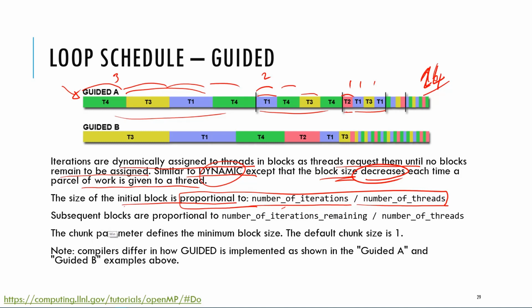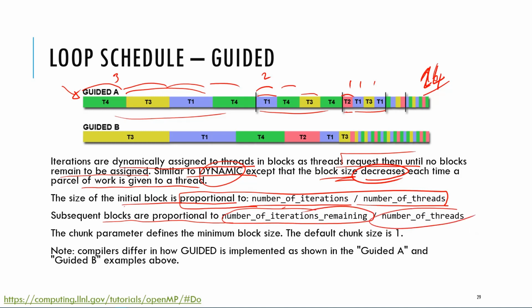What about subsequent blocks? As soon as a certain thread finishes, it requests to be assigned a new block, and in this case, subsequent blocks are proportional to the number of remaining iterations divided by the number of threads.